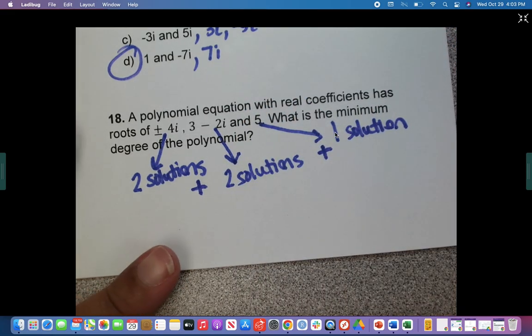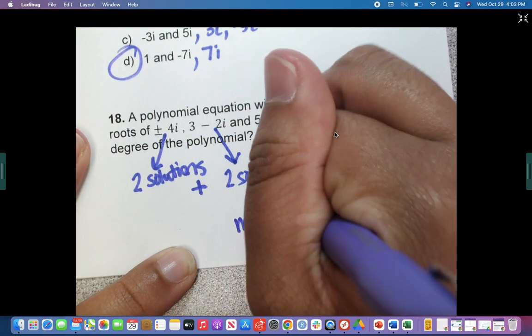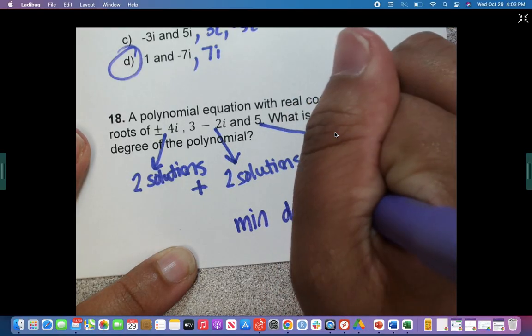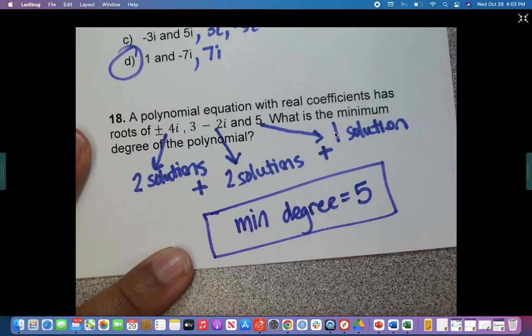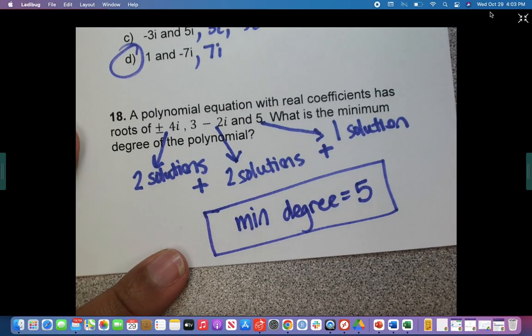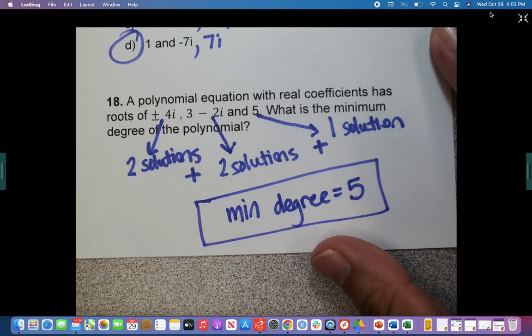So the minimum degree of this polynomial would be 5. All right, so that is number 18. And we are almost done.